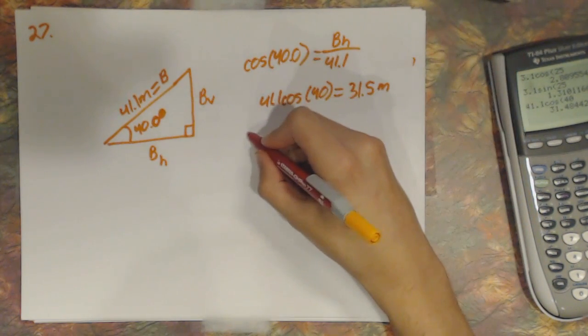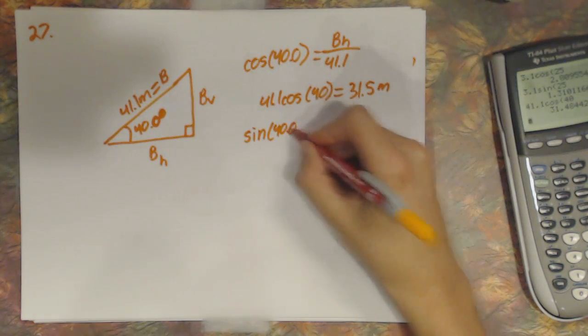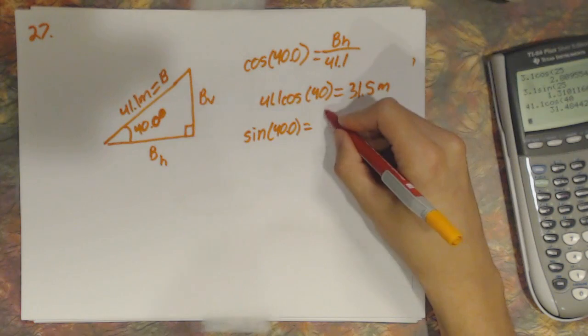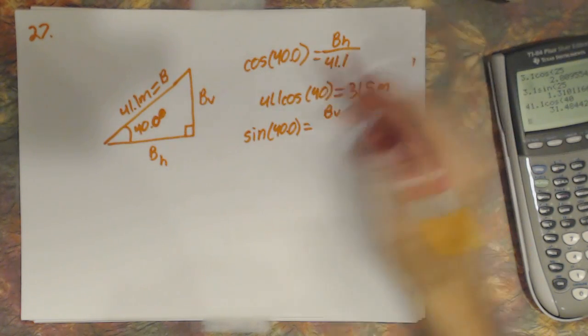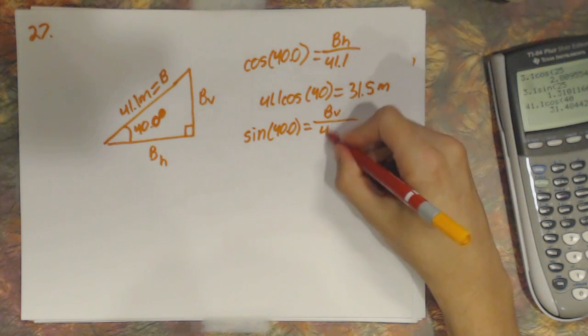And then take the sine of the angle to find our vertical component. Because again, sine is opposite over hypotenuse, which is our vertical component over our magnitude.